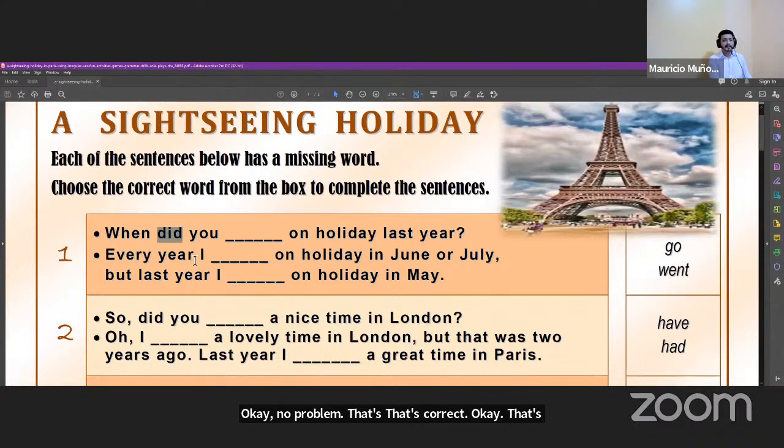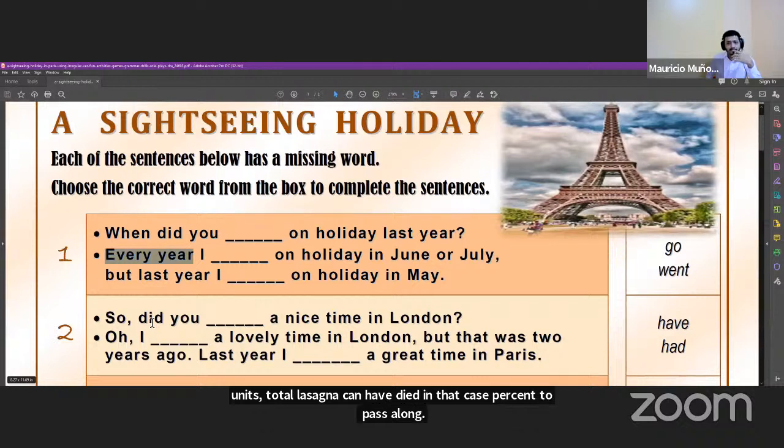Okay, algo importante también en la número 2, recordemos las expresiones de tiempo. Every year. Cuando vemos este tipo de expresiones, todos los años, ¿qué nos da a entender? ¿Que es presente o pasado? Pasado.